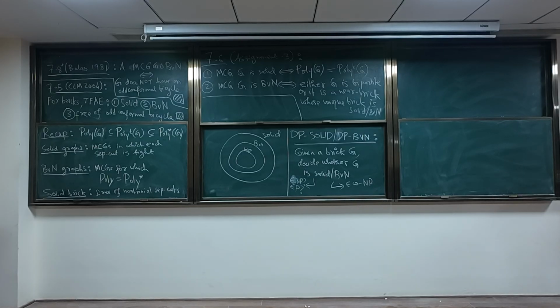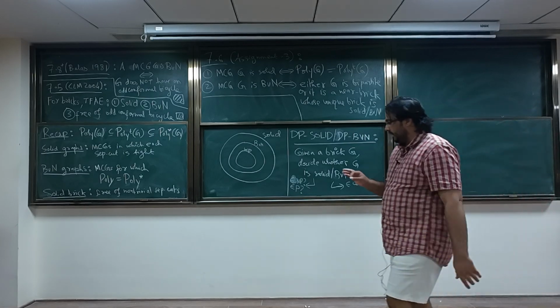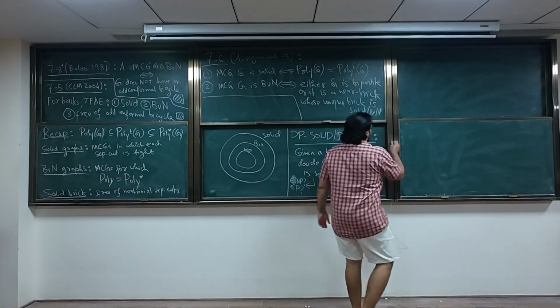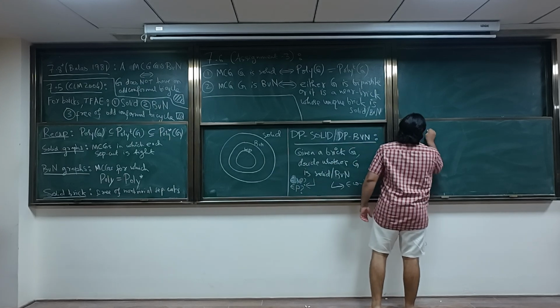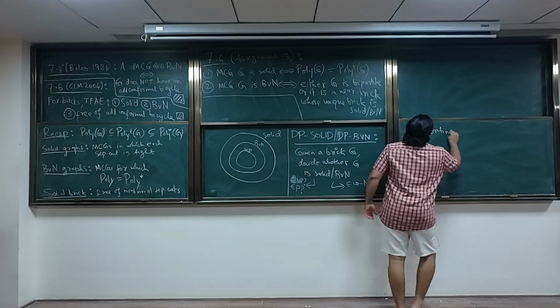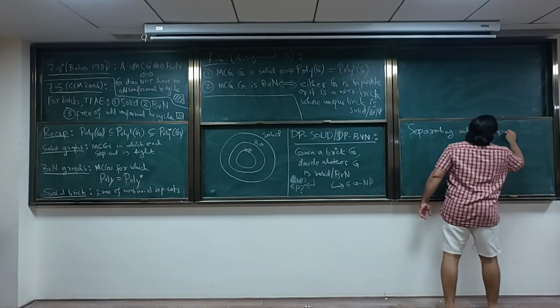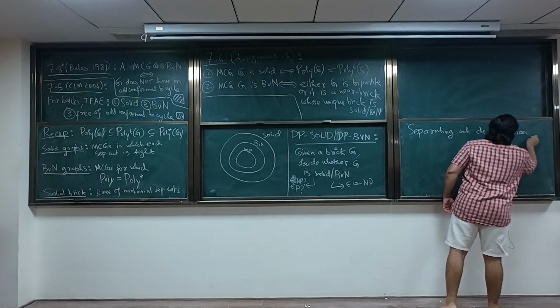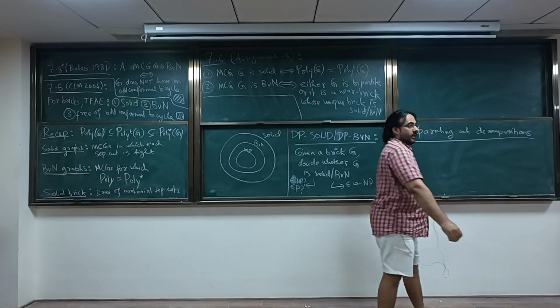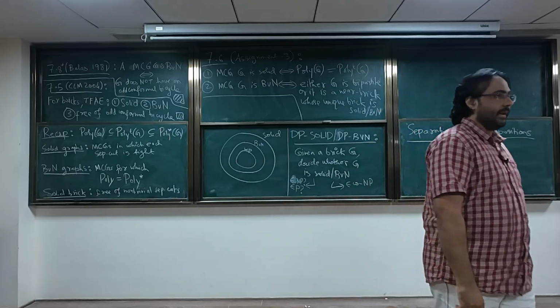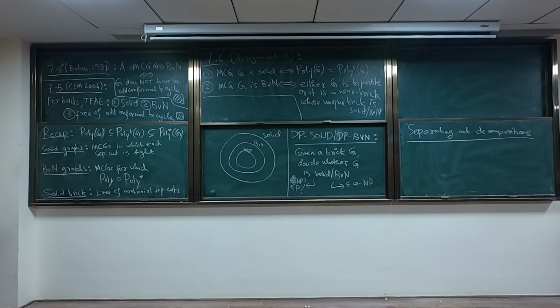So there are two more things I want to discuss from Lucchesi-Murty. One is, let's talk briefly about separating cut decompositions. It is exactly what you think it is. Instead of tight cuts, you choose a separating cut and take the two contractions and you keep doing this. What will the result be? In the end, when you can't find any more non-trivial separating cuts, what are the graphs you have got?